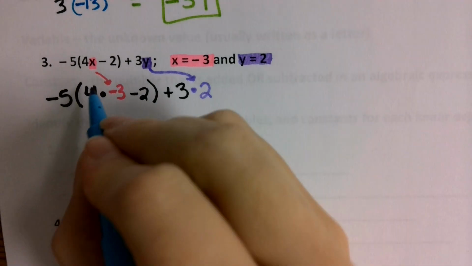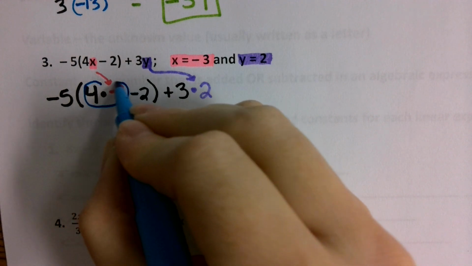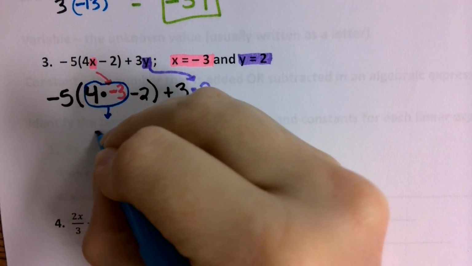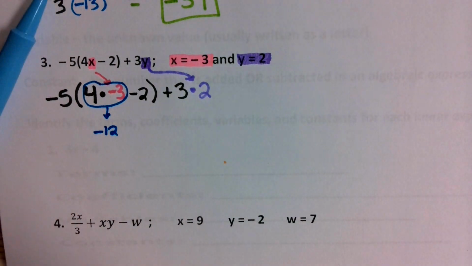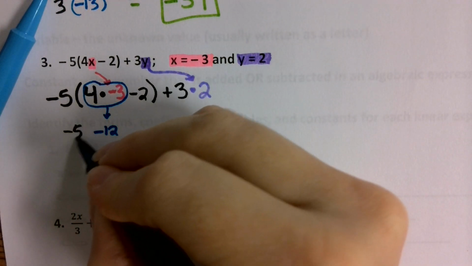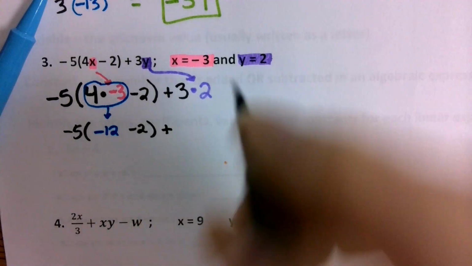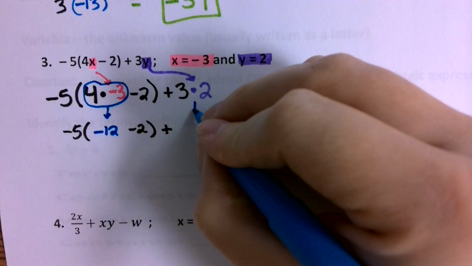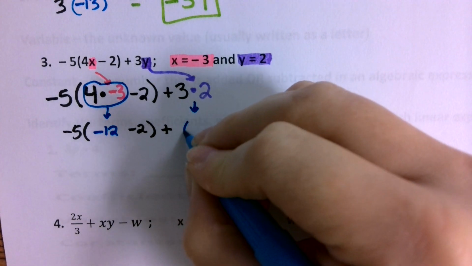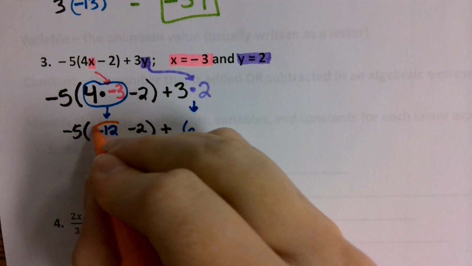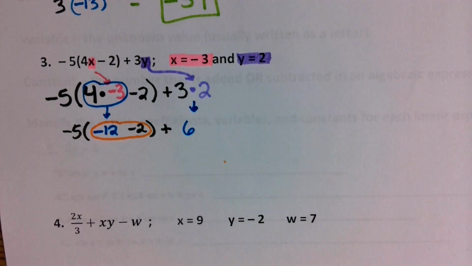So in this problem, we would have to do 4 times the negative 3 first, which would come out to a negative 12. That would give us negative 5 parentheses negative 12 minus 2 plus, and then we could also do this 3 times 2, which comes out to a 6. Then we would have to go about doing negative 12 minus the 2 inside of the parentheses.